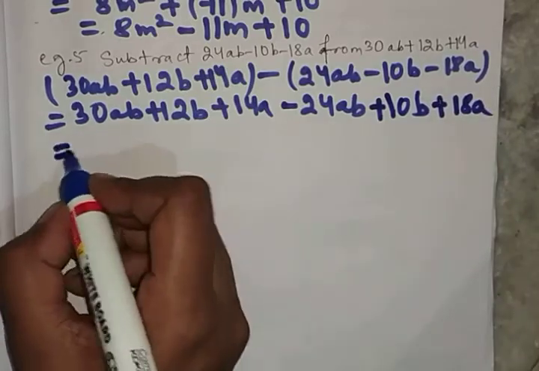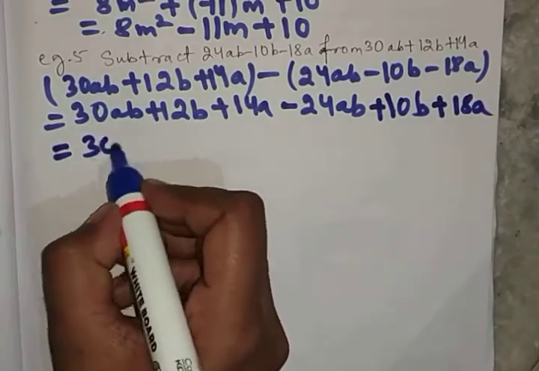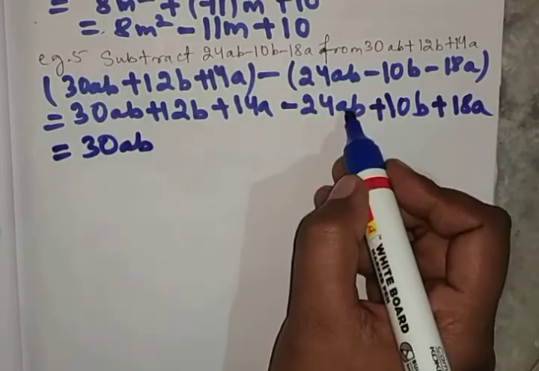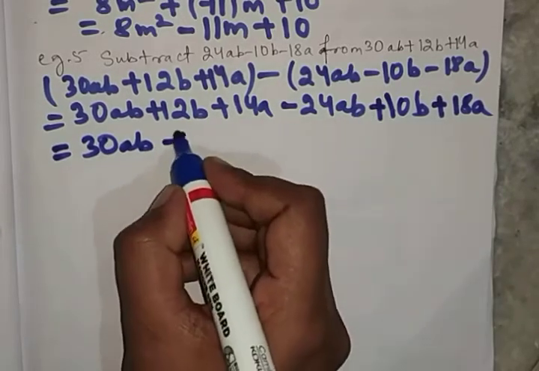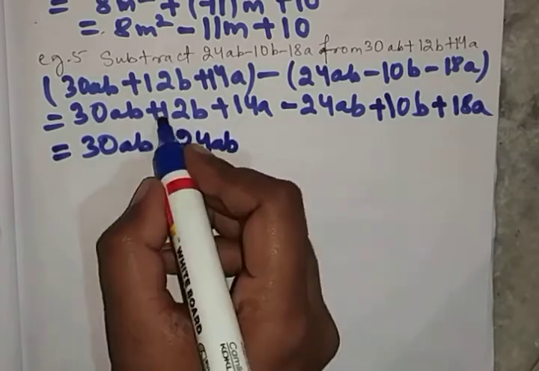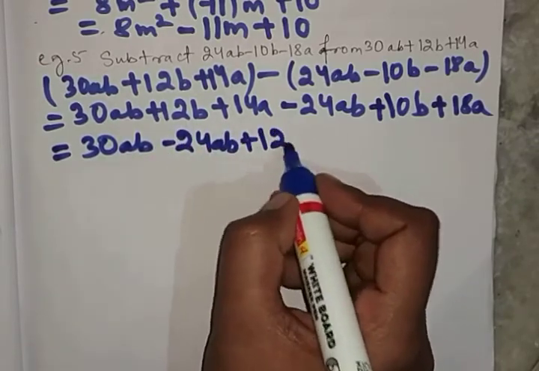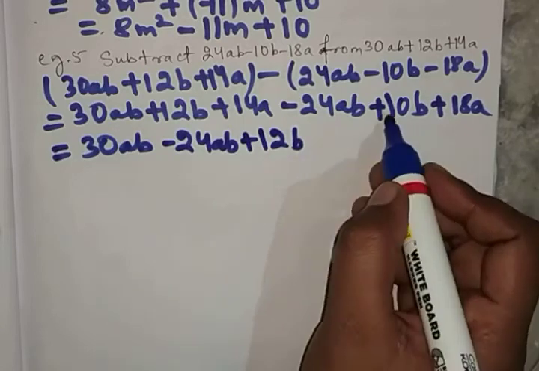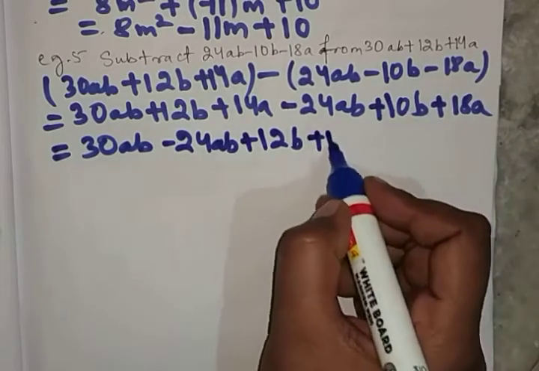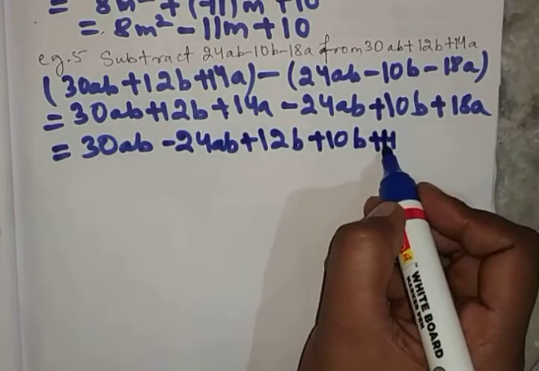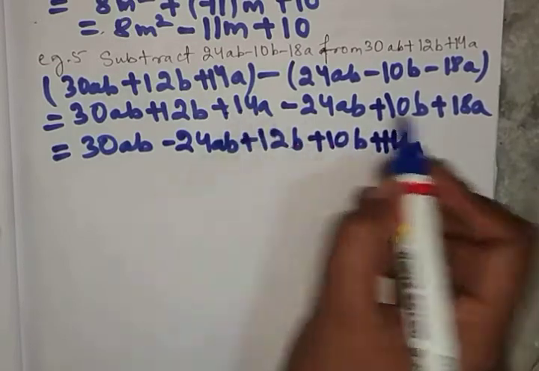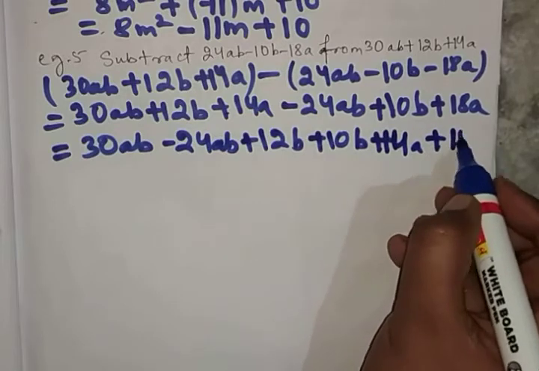Now rearrange the like terms. 30ab minus 24ab, the ab like terms, then plus 12b plus 10b. Next plus 14a, and another term plus 18a.